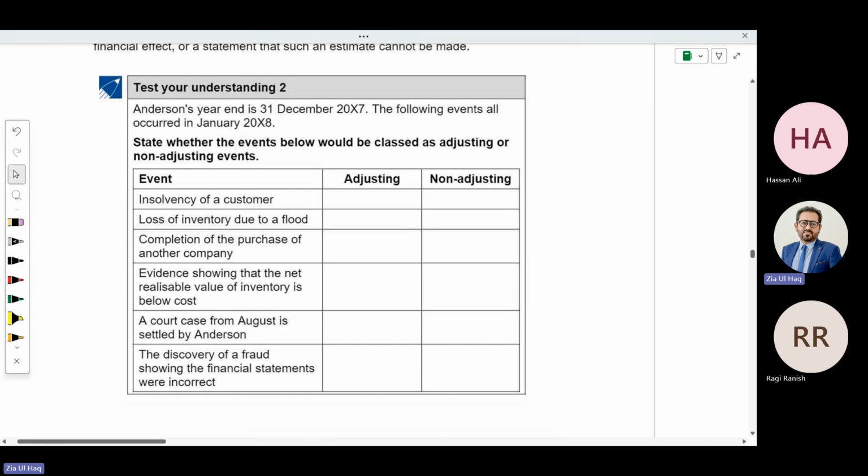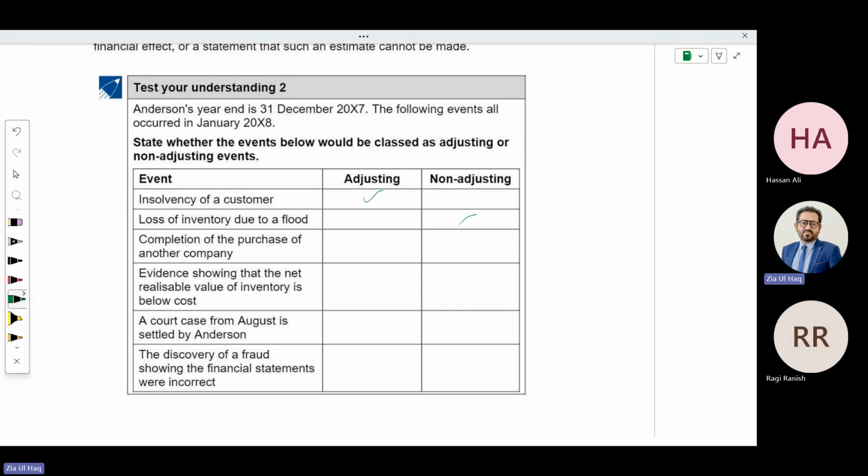Test your understanding 2. Anderson year end is 31st December 20x1 reporting date. The following events all occurred in January 20x8, mean after year end. State whether the events below would be classed as adjusting or non-adjusting. Insolvency of a customer. Loss of inventory due to flood.